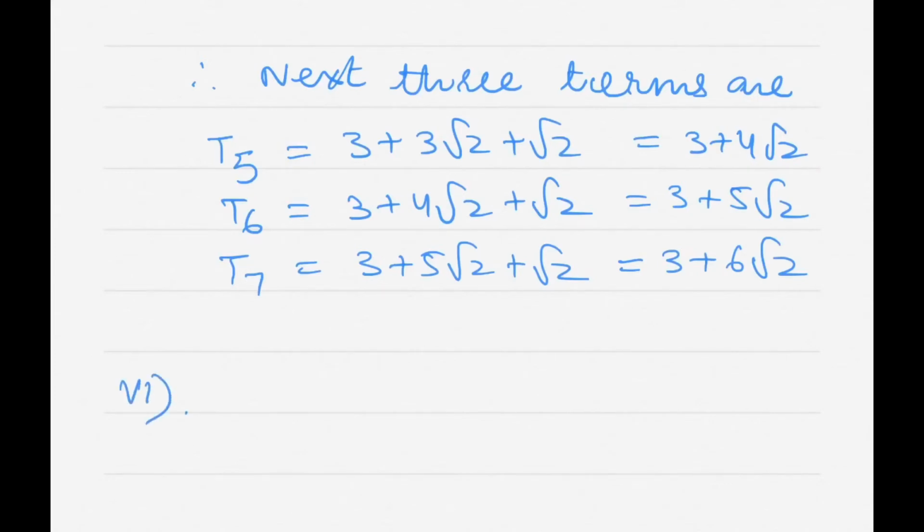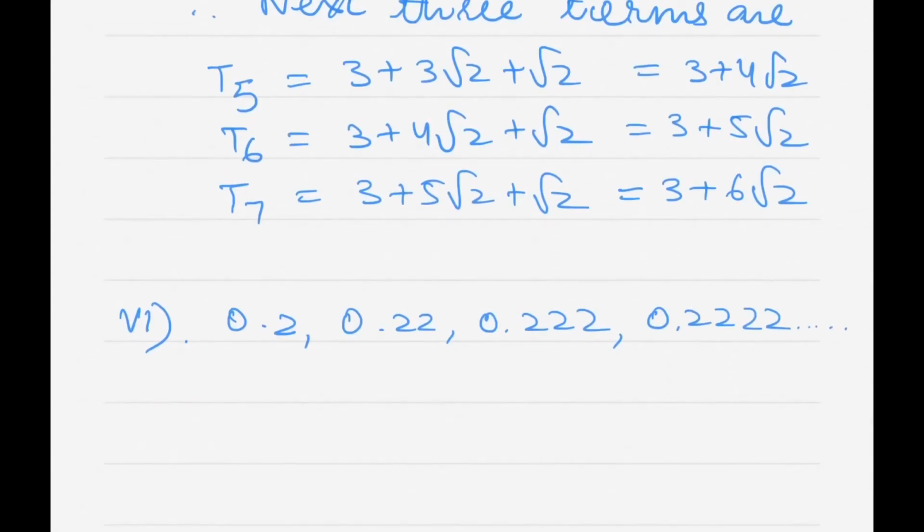So sixth question says my series is 0.2, then 0.22, 0.222, and 0.2222. This is my series. Now let's check whether the common difference is same or not. T2 minus T1 will give me 0.22 minus 0.2. How much is this now? 0.02, right?